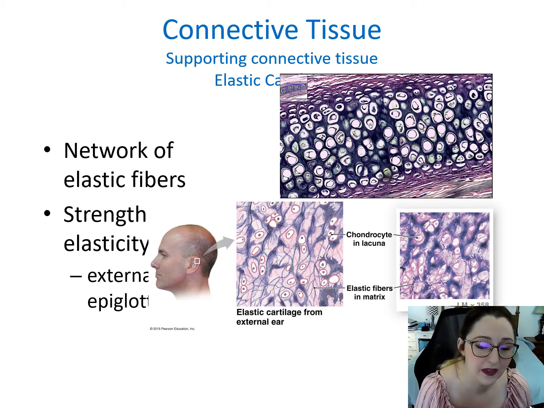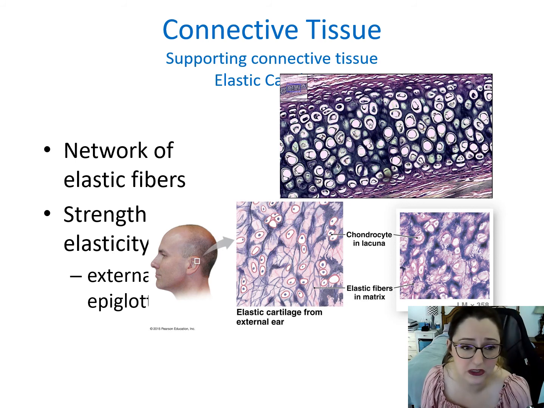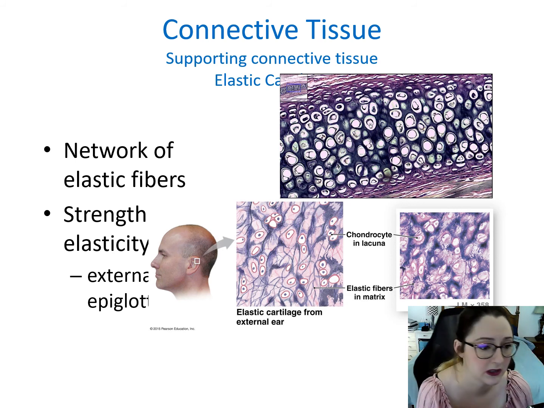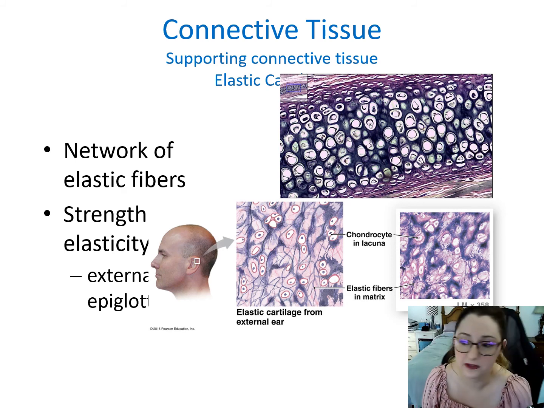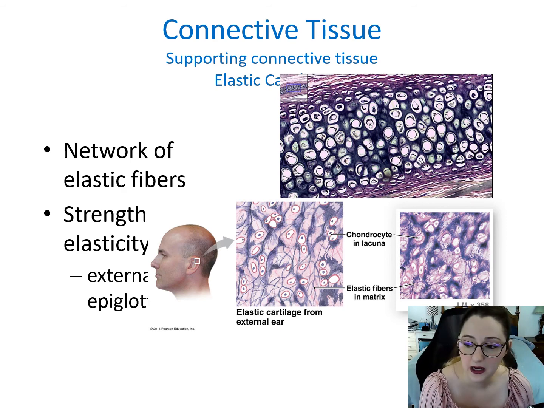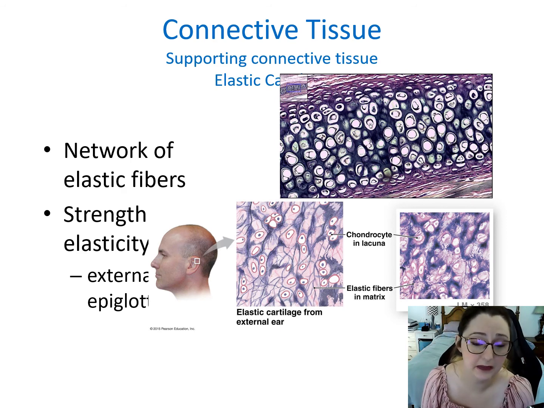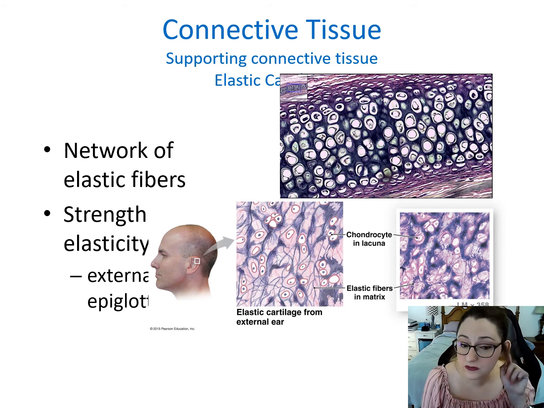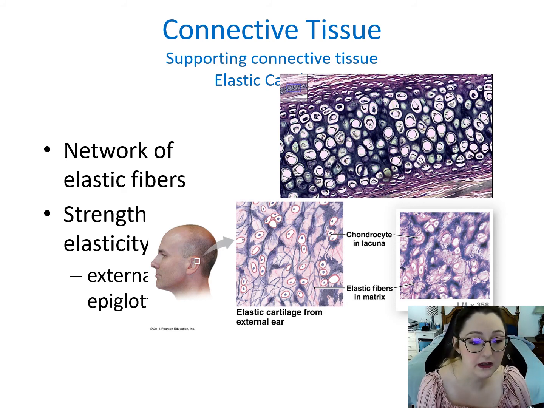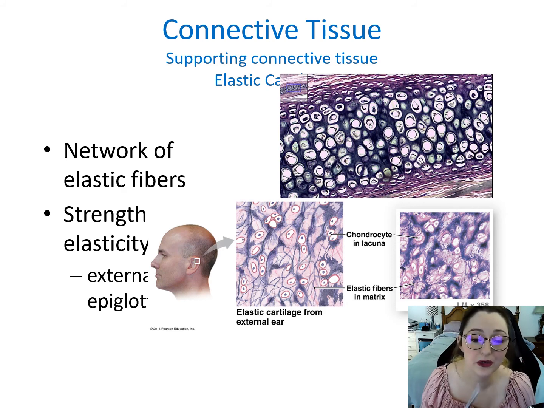Also, the way that they're usually stained is a little bit darker, but don't always go on color. But they have strength and elasticity. You're going to find this type of cartilage in the external ear, so this part right here, and in the epiglottis. And the epiglottis is going to be in your throat.